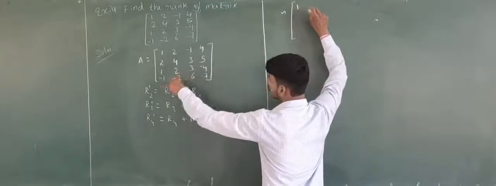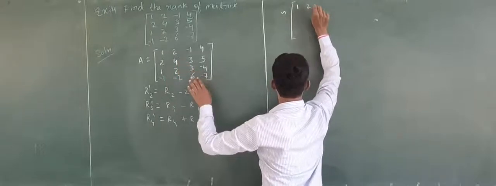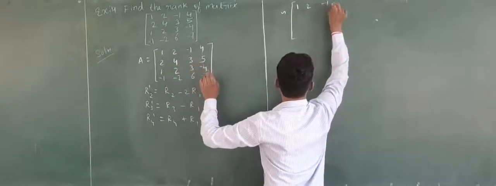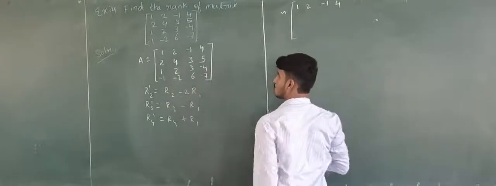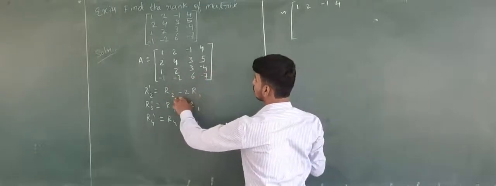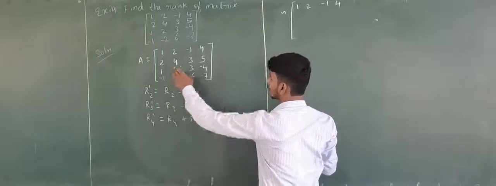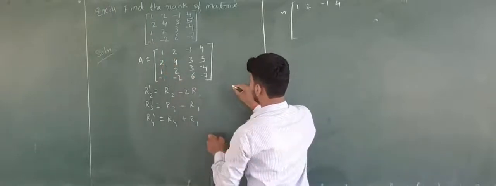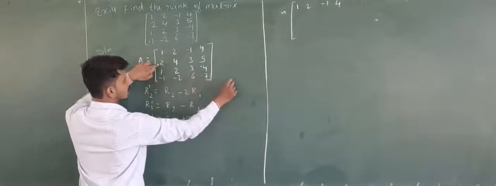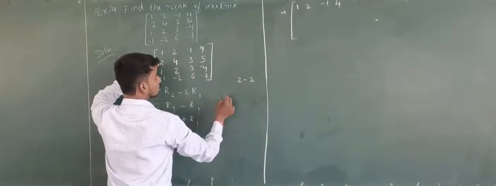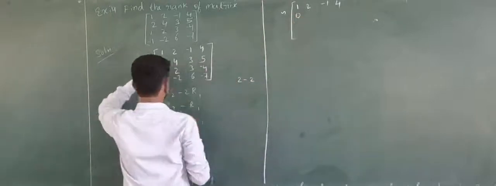We are not changing the first row, so we can write it as it is, that is 1, 2, minus 1, 4. Next we are changing row 2, R2 minus 2R1. That is 2 minus 2, which is 0.